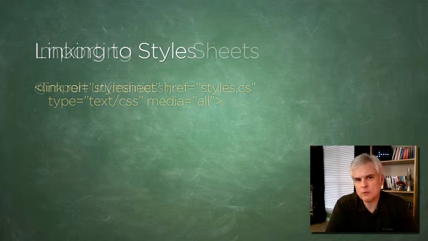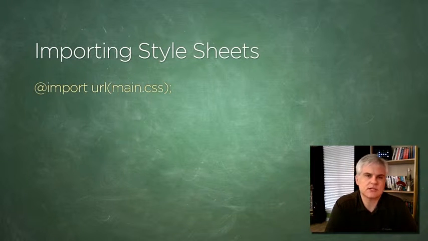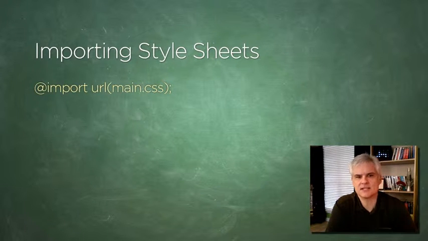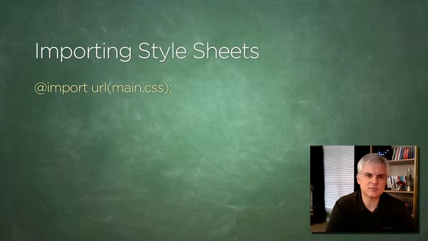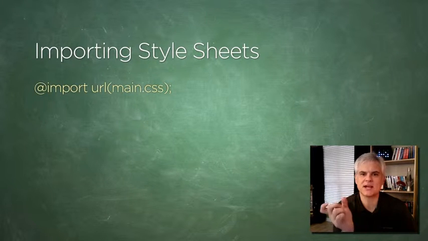So the link is one way that we can reference an external CSS document. Another way to do it is to use an import statement inside of a CSS file itself. We could use this inside of any CSS file at the very top, the @import, and then a URL inside of those open and close parentheses. And why would you ever want to use this? Well, if you had styles that were specific to different page types, but all the page types had the same basic styles defined in a main style.css file, then it could become very useful.